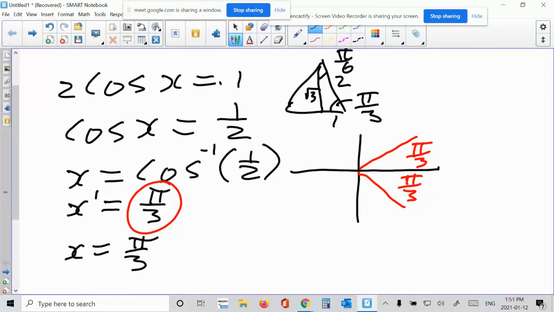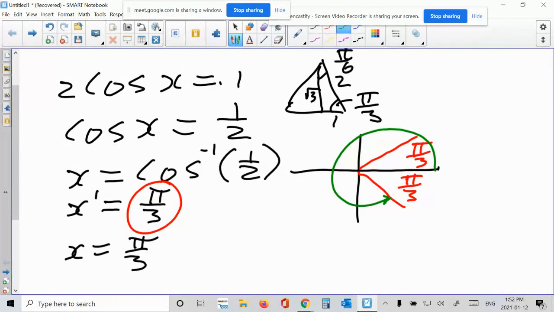But how about the fourth quadrant angle? So to get that fourth quadrant angle, I'm going to have to go all the way around to here to get to that fourth quadrant angle. Now, can you help me to figure out what that angle actually is? Starting from 0, right?